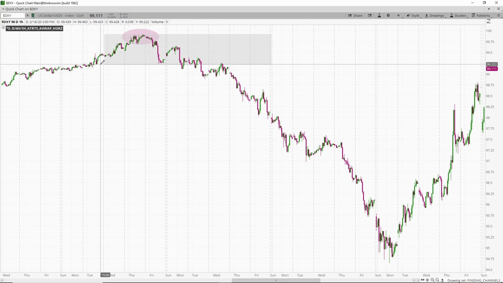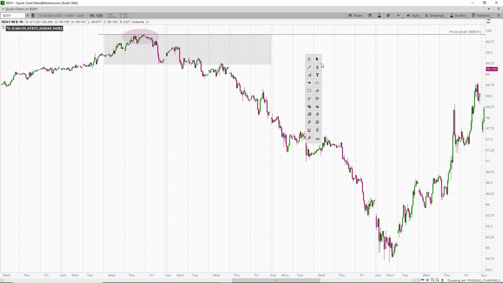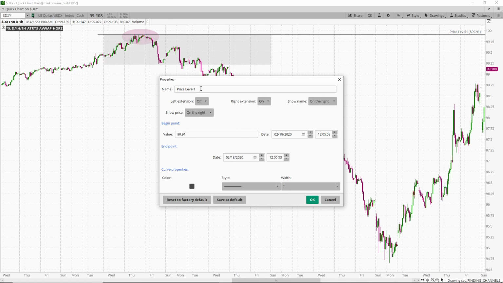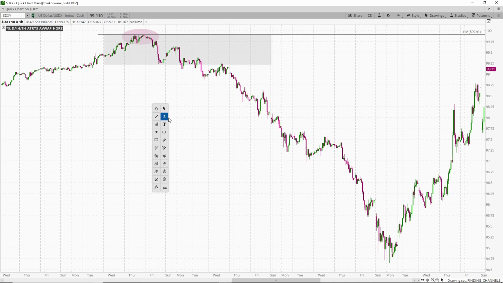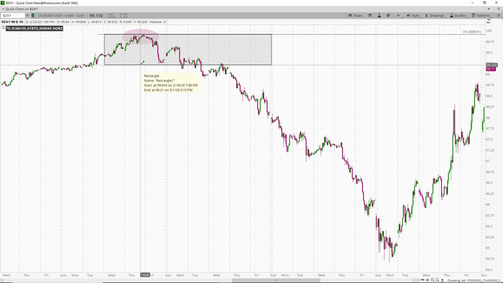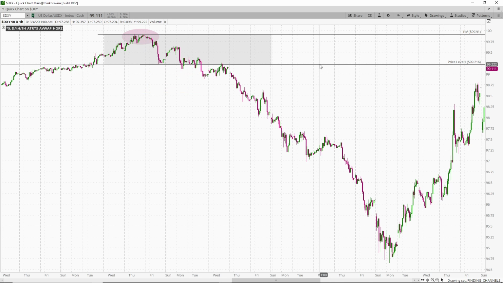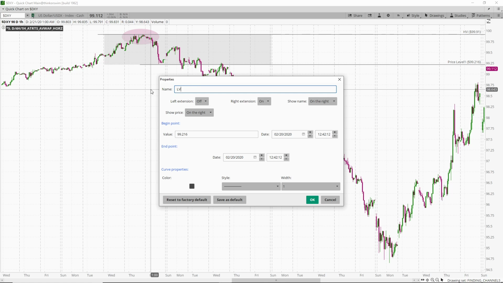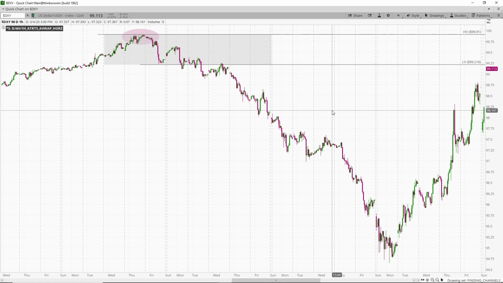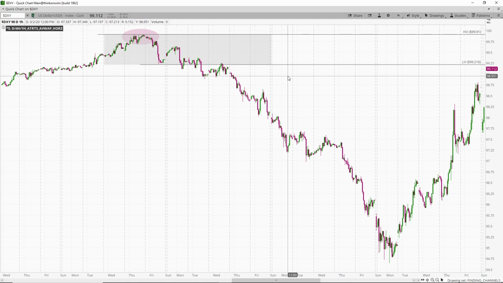So I will put these on the chart and say, here's my high value range, and that's about the low value, at least for this range. So maybe those will come into play in the future.